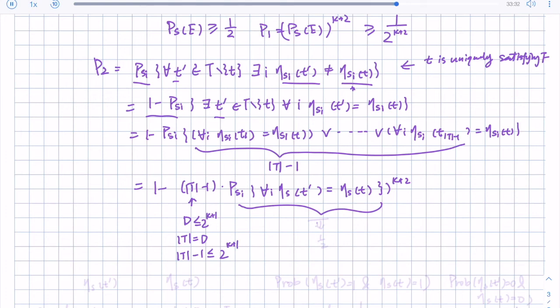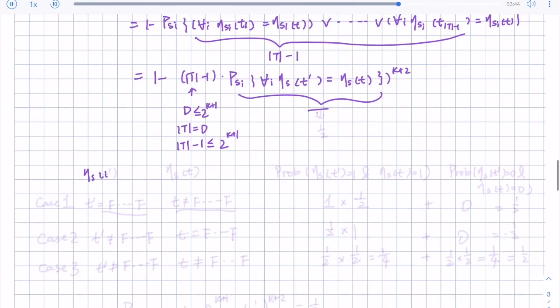So then what is this part of the probability? We want to consider the individual cases. Eta S T prime and eta S T. There are 3 cases. So case 1, eta S T prime. T prime is all false assignments. And because T is different from T prime, T is not all false assignments.